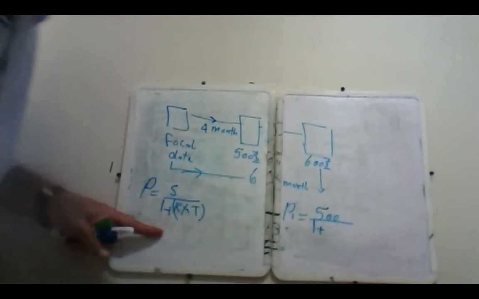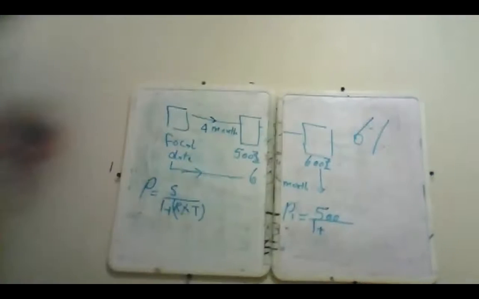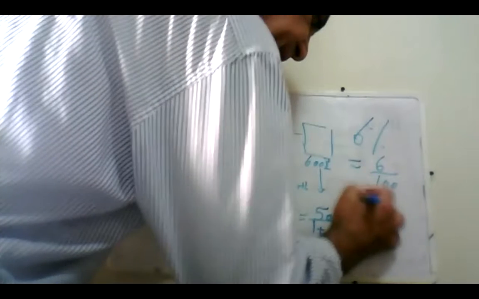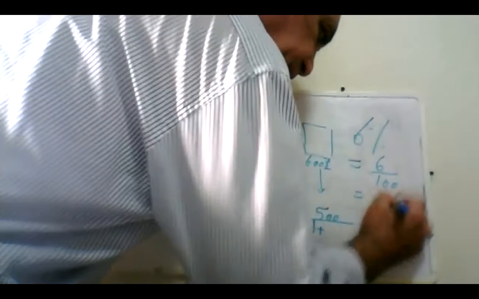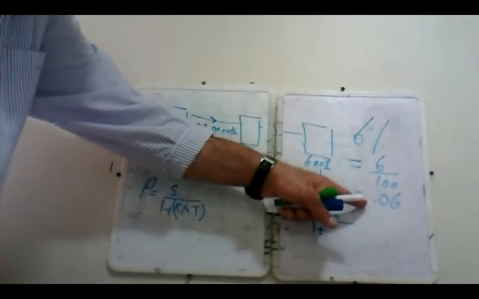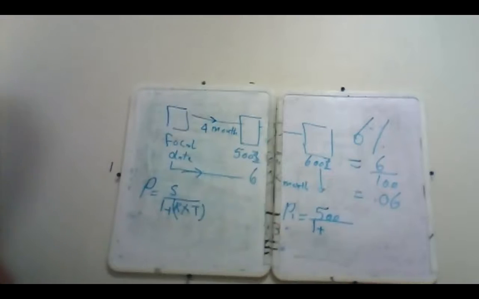He said in the example that the rate of interest is 6%. Then 6% is equal to 6 divided by 100, the same as 0.06. All are the same figure.